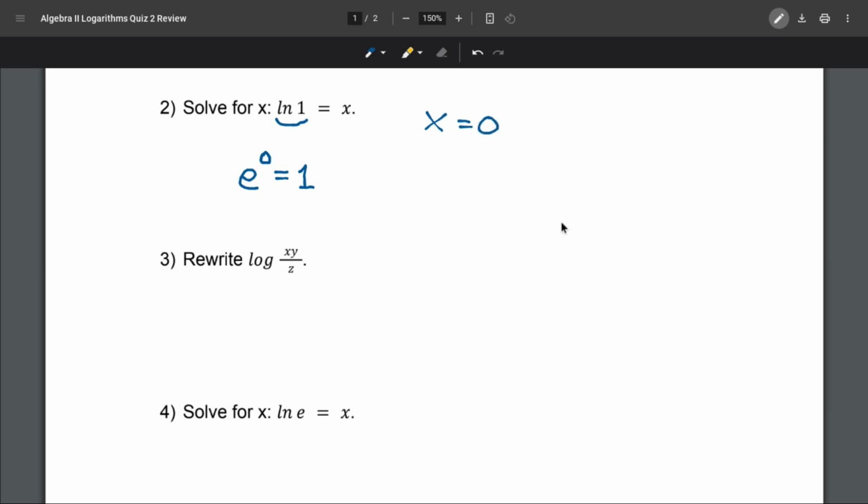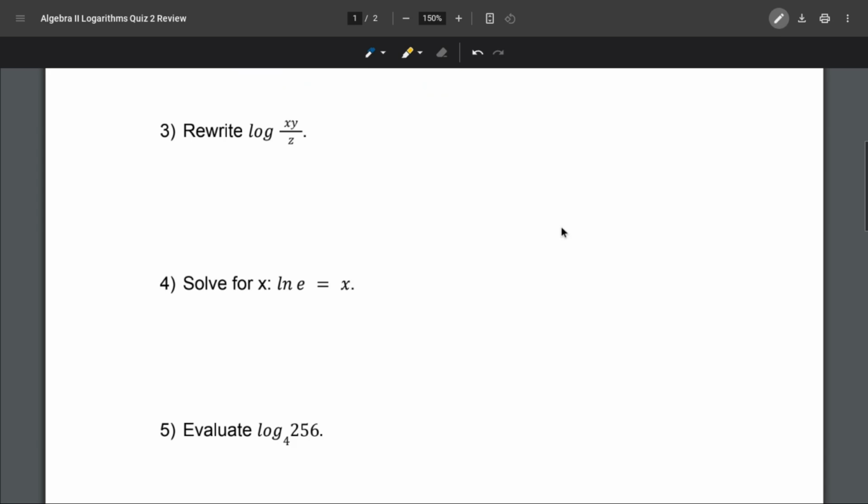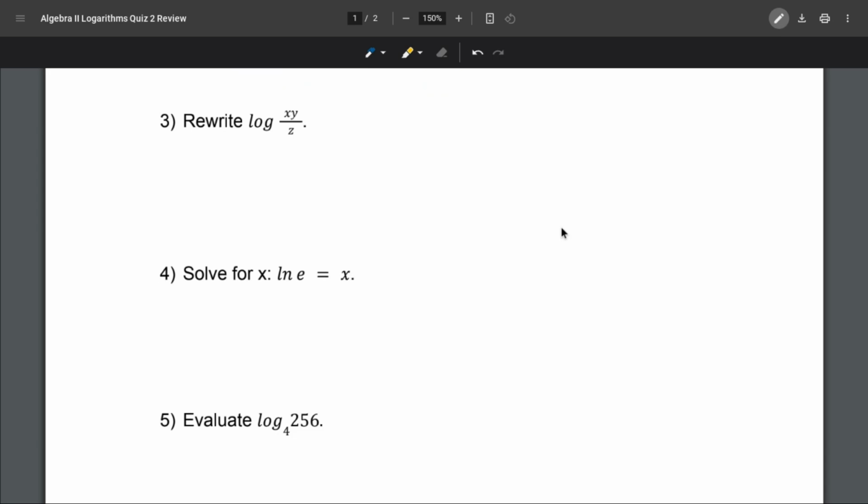Okay, let's keep going. This next one, we're going to rewrite the log of xy divided by z. We're going to do that with both the quotient and the product rules. I'm going to use the quotient rule first to break apart this fraction. Top part is divided by the bottom part, so we're going to break it apart to log of xy minus log of z.